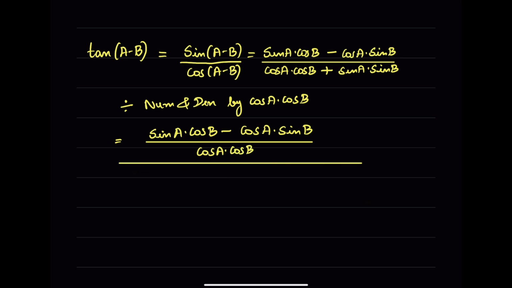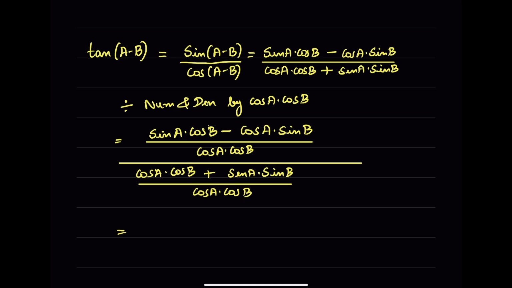Then the other part of the equation is, in the denominator, cos a cos b plus sin a sin b, and this divided by cos a cos b.